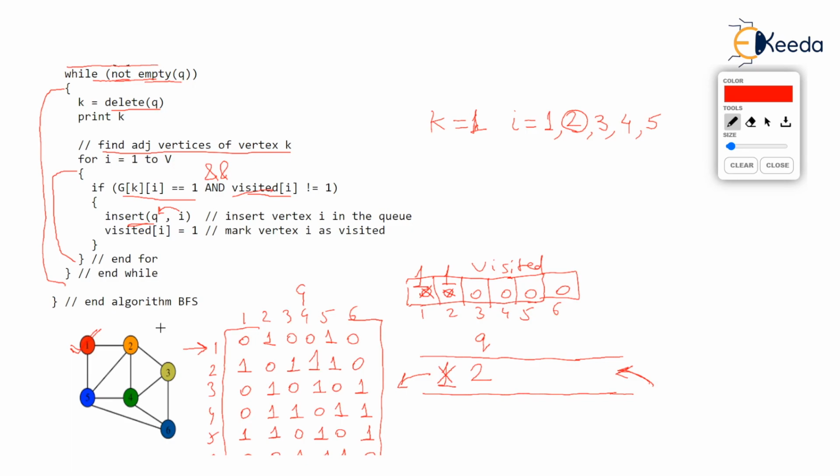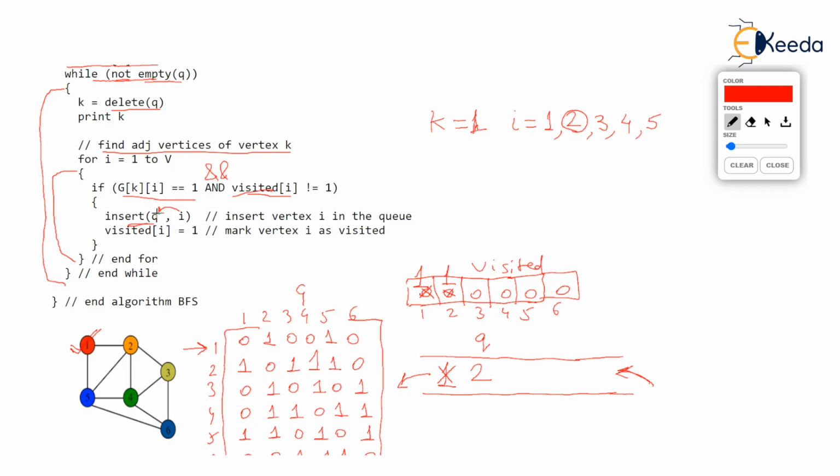And you see 1,5, first row and fifth column, kth row and ith column, is storing 1, and also you see the fifth element of visited is not 1. So we see that 1 is adjacent to 5 and 5 is not visited. As both these conditions in the if are true, we will insert the ith vertex.